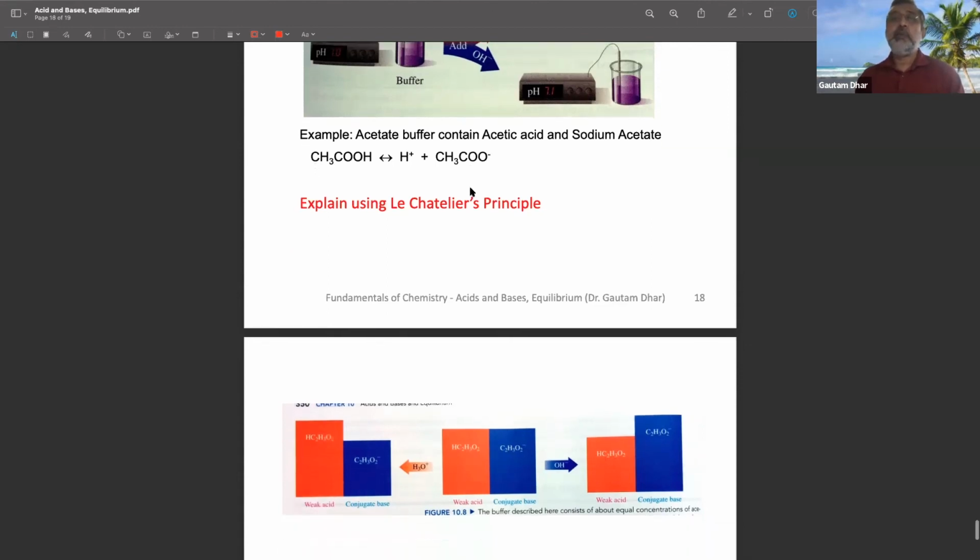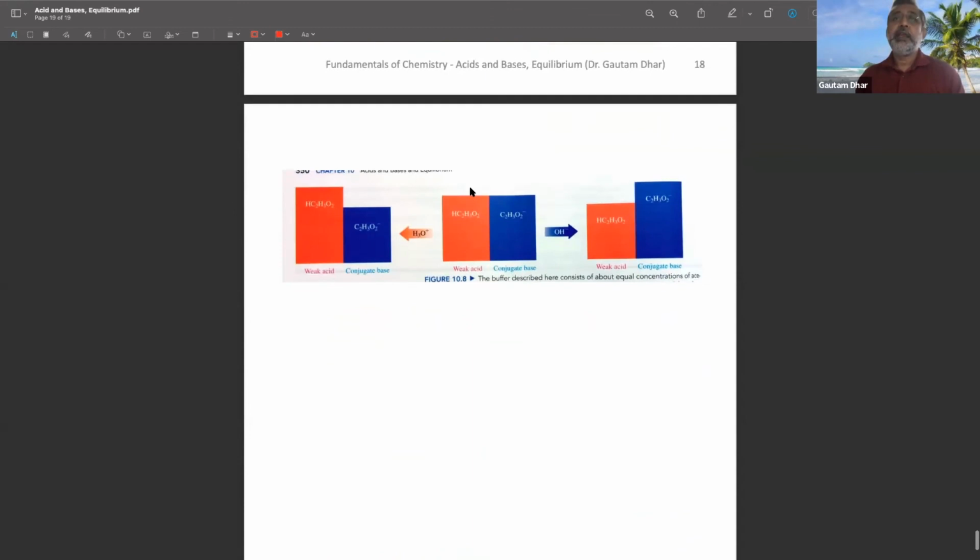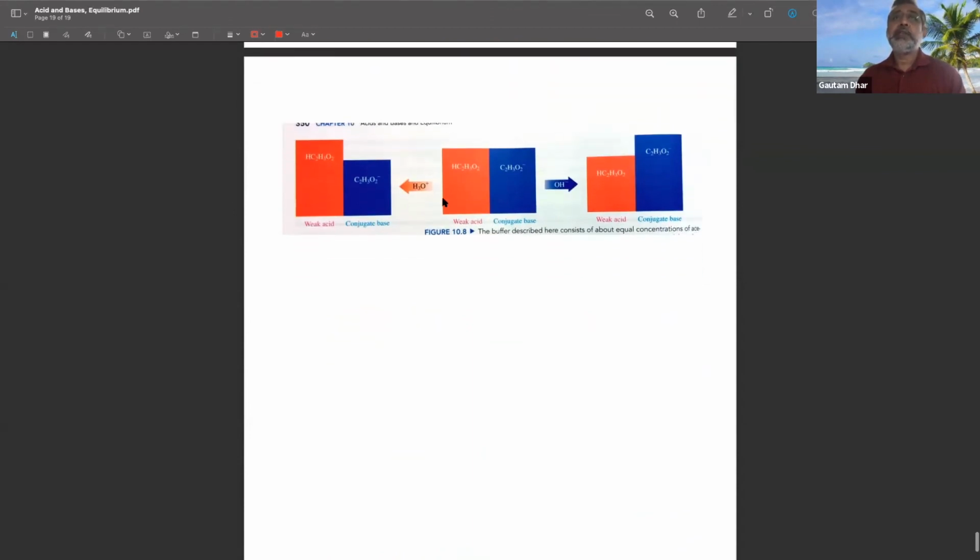Now, if you look here, this is what you started with. Let's say equal amounts of acid and the salt, and this is acetic acid. If you add acid, the acid will react with this salt here. So the salt will decrease, your acid will increase.